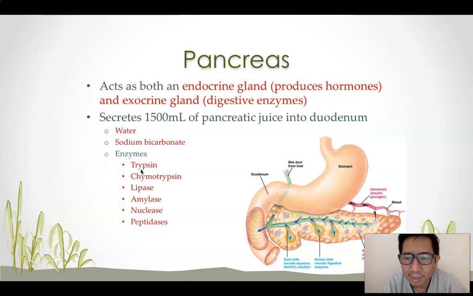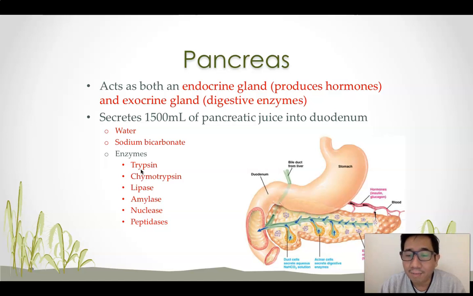Amylase, Amy likes to break down carbs. Nuclease breaks down nucleus. If you eat meat that has nucleotides, nucleic acid, which is part of your nucleus, you break those down.